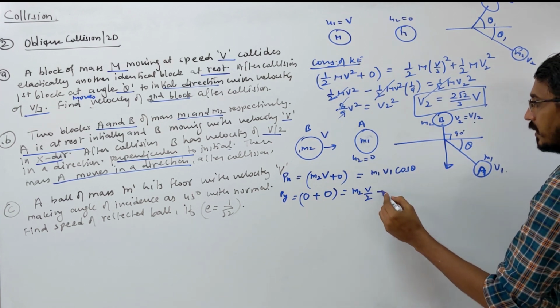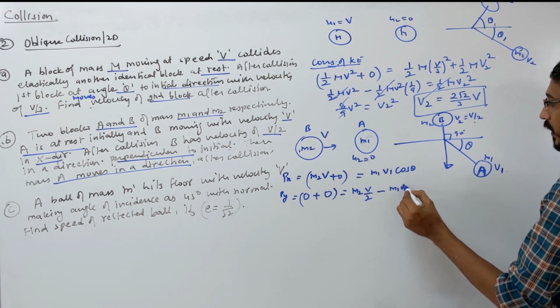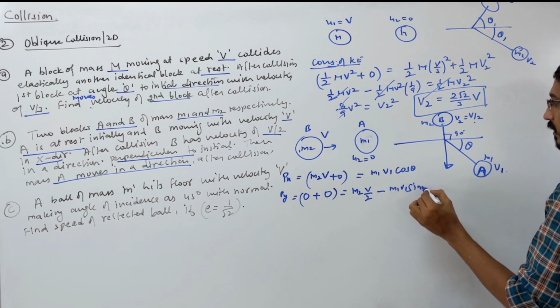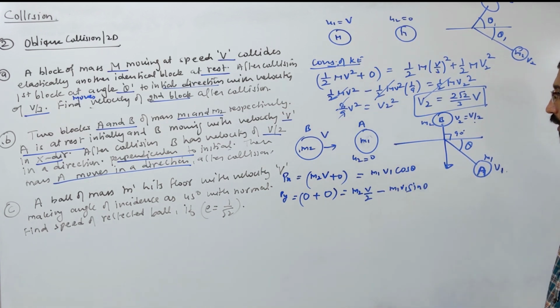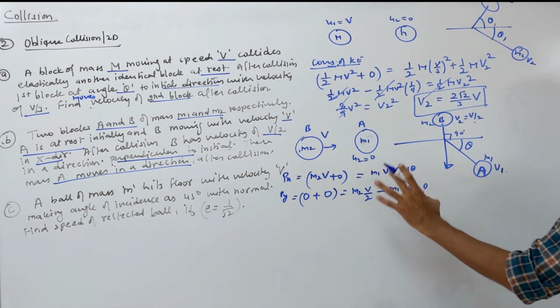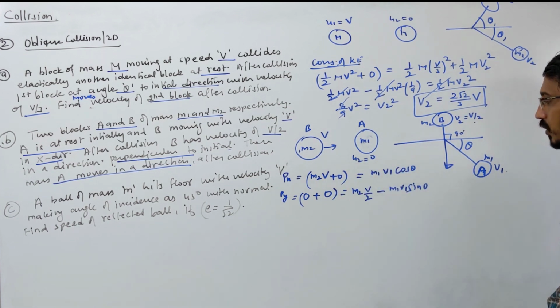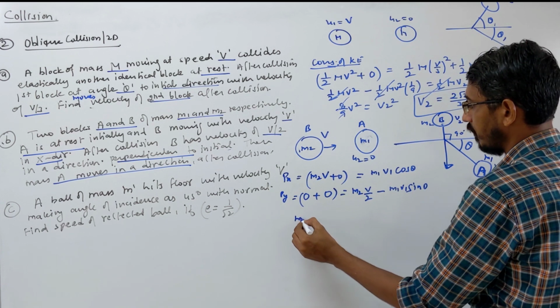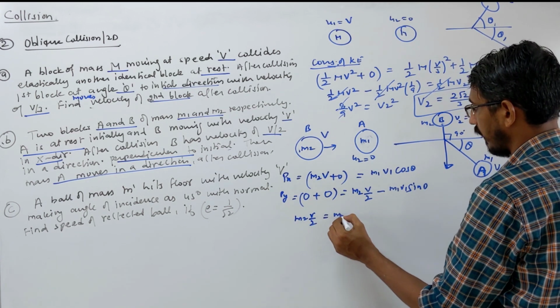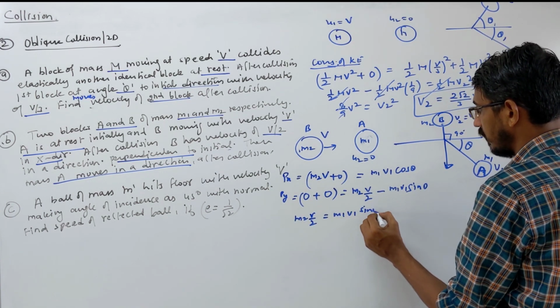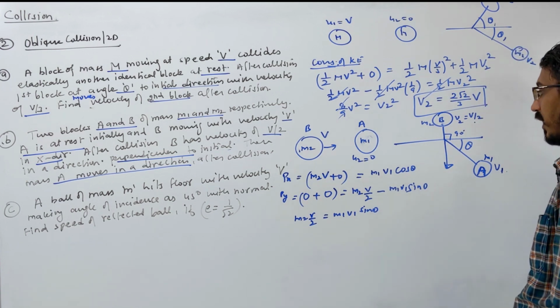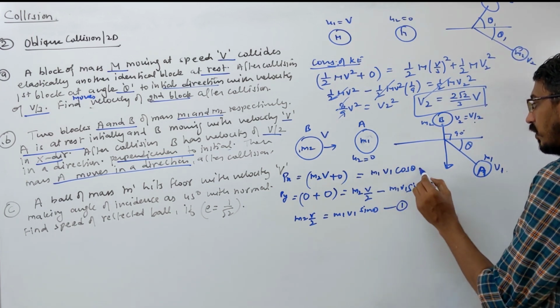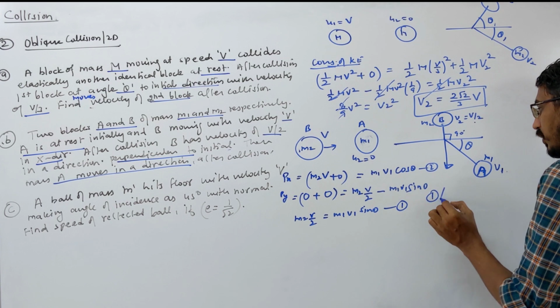So you write minus m1 v1 sine theta. Now these two equations we have to solve. This is simply equal to 0, so you can write m2 v by 2 equal to m1 v1 sine theta. If you watch carefully, equation 1 or 2, let's divide 1 by 2, what will you get?